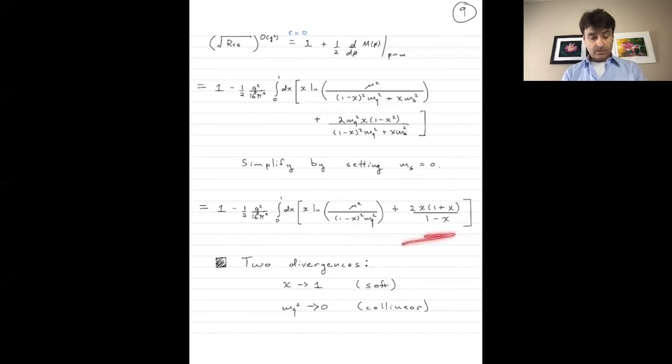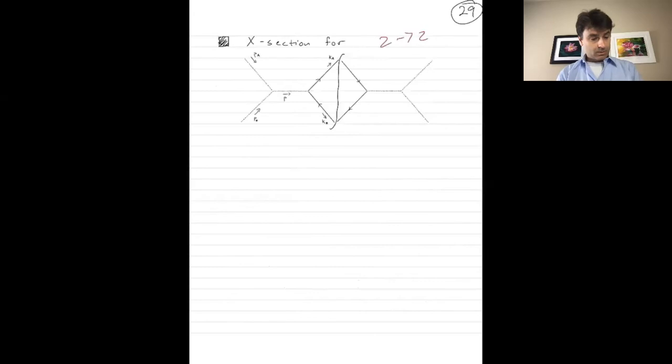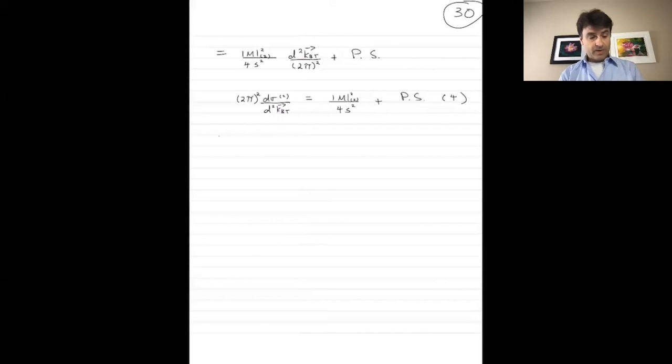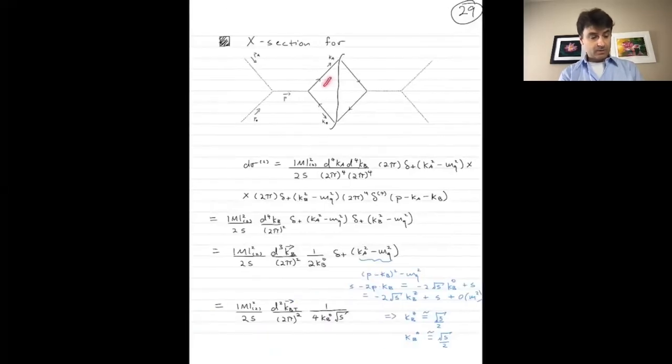We also had divergences. Now the x in this case was a Feynman parameter. In the calculation we just did for the 2 to 3, it was a momentum fraction, but it's just a label of an integration variable. And then we said we needed to calculate this diagram, but with a factor for each of the external legs here of the square root of the residue.